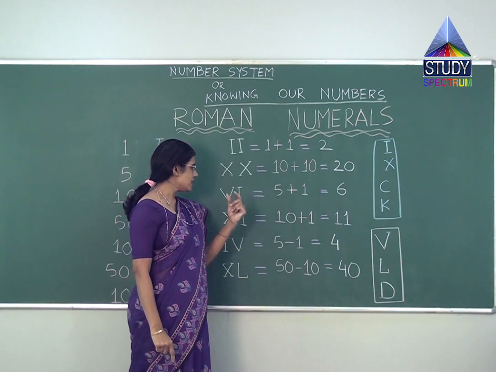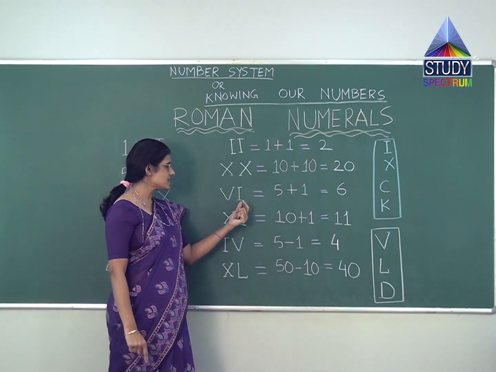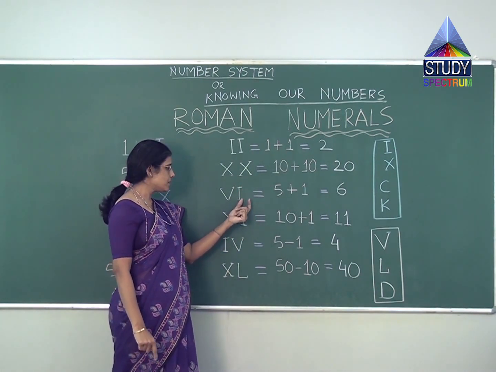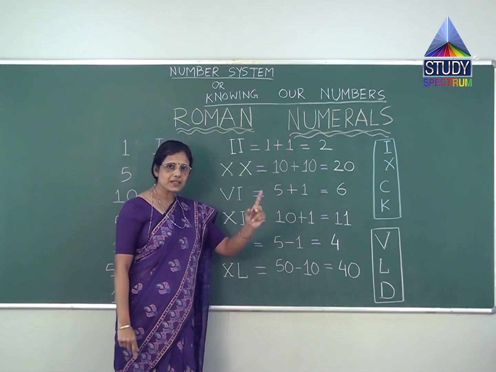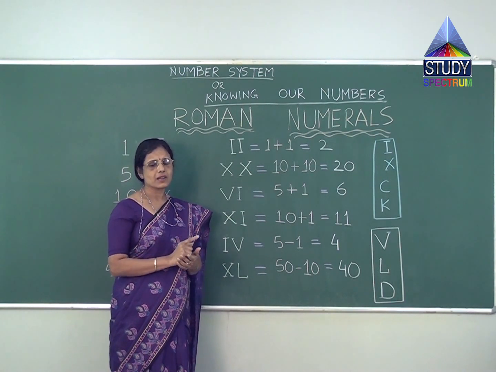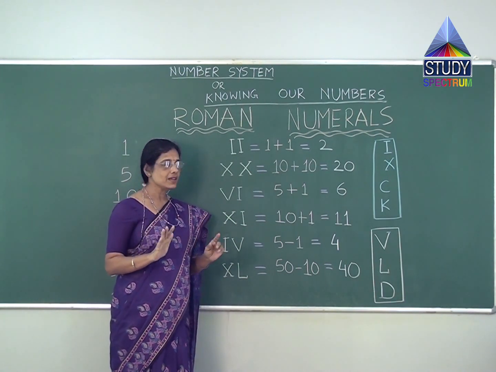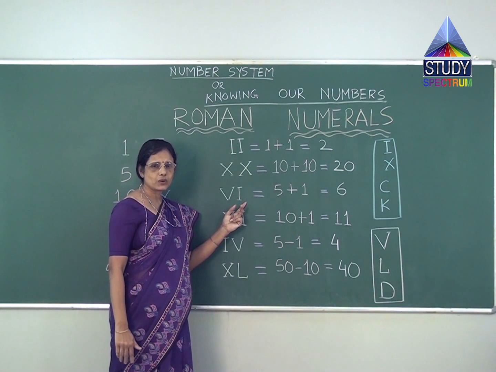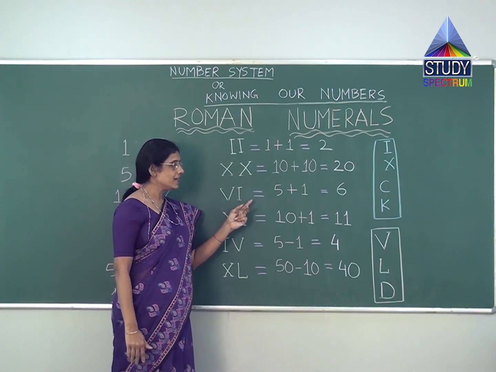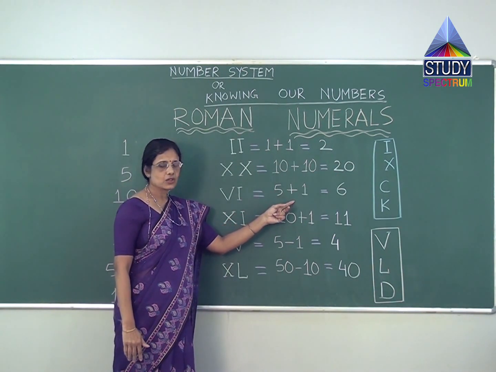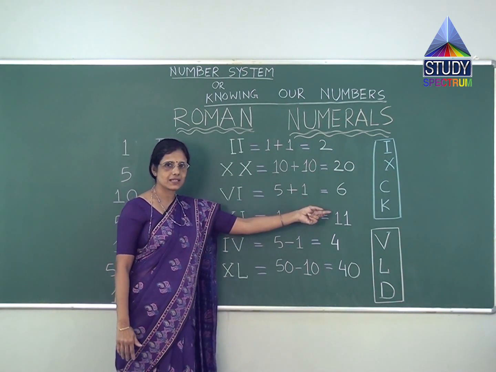But remember, the moment you change the position of I before or after the V, it gives a different value. I means 1, V means 5. If the smaller value is written to the right side of the bigger one, then we have to add. So 5 plus 1, 6.